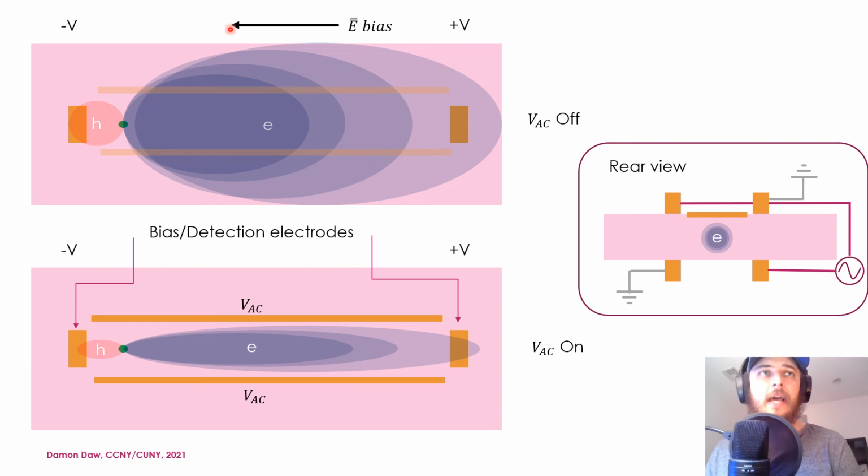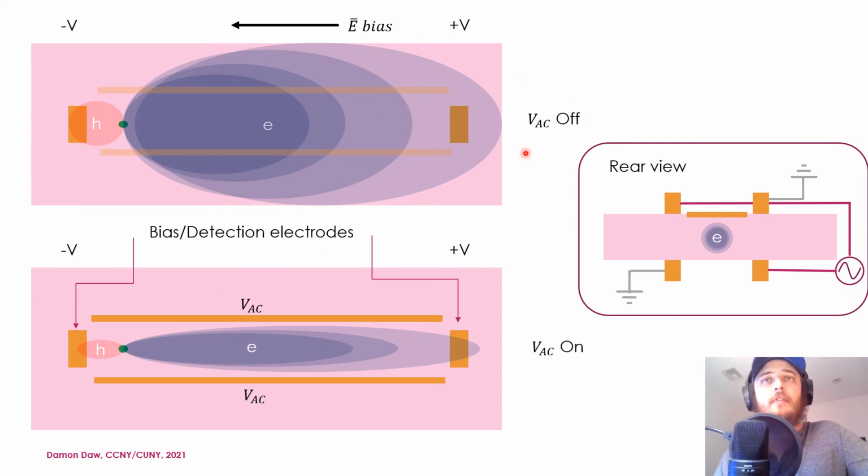This is a schematic of a simple experiment that we think might work. Say this is a chip of silicon or diamond, and these long electrodes are the microwave electrodes. Here's a rear view of the same setup, and we have some other electrodes on either end that will apply a DC bias.